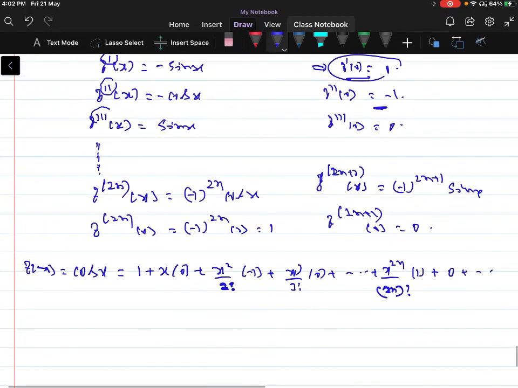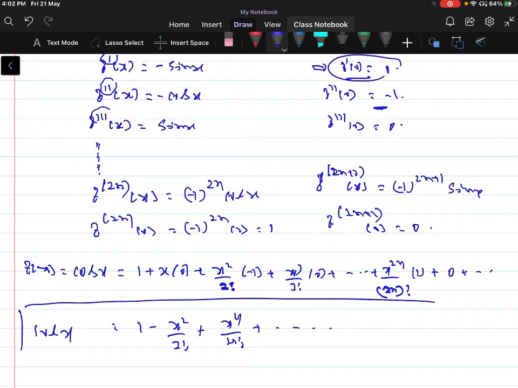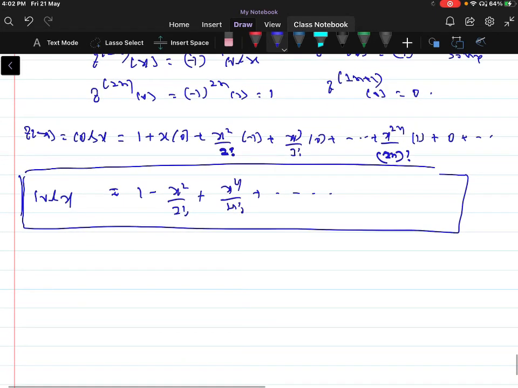So this can be written as 1 minus x square by 2 factorial plus x to the power of 4 by 4 factorial and so on. So cos x can be written as a power series of the form 1 minus x square by 2 factorial plus x to the power of 4 by 4 factorial and so on. Being an infinite series, it converges everywhere in the real line.